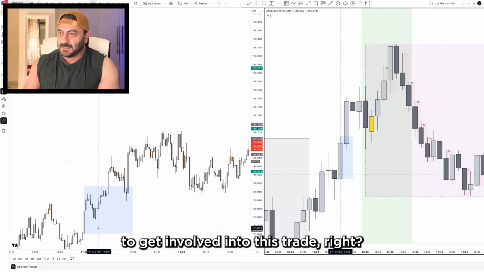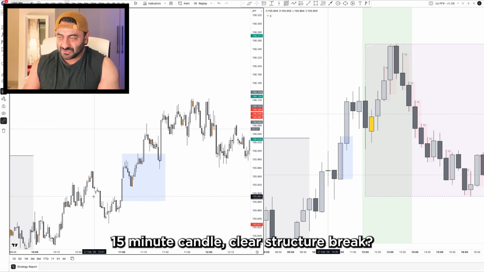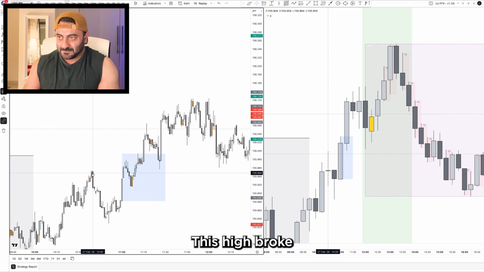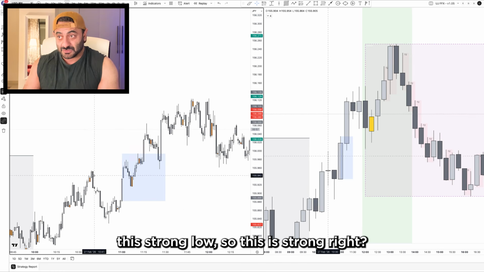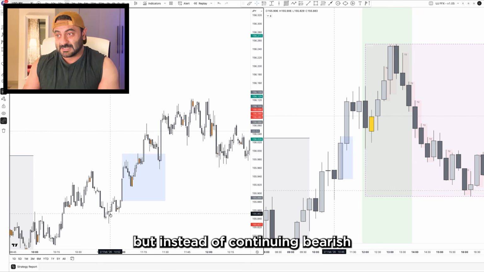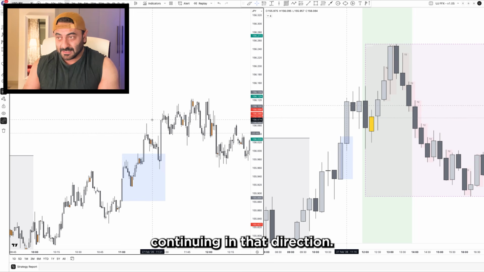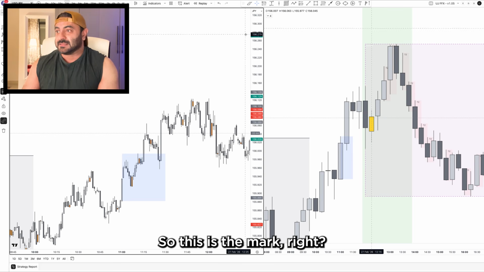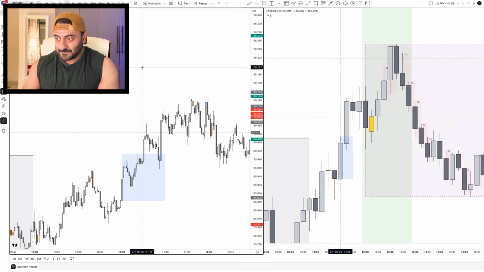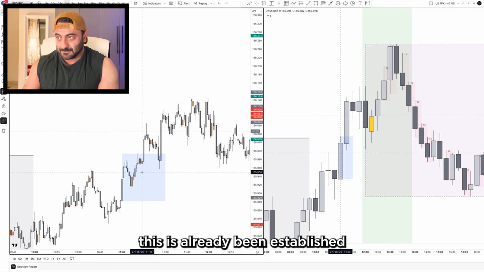Do we have within the first 15-minute candle a clear structure break? This high broke this strong low, so this is strong, right? And now we are in a bearish trend, but instead of continuing bearish, this strong high got broken again, and now it's continuing in that direction. So this is the mark, right here. Everything before this has already been established.